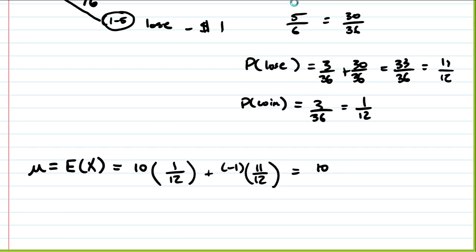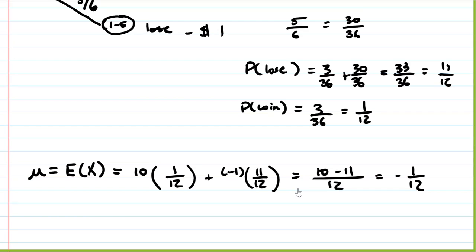So then that gives us 10 minus 11 over 12, or negative 1/12. All right, so our expected value is negative 1/12.